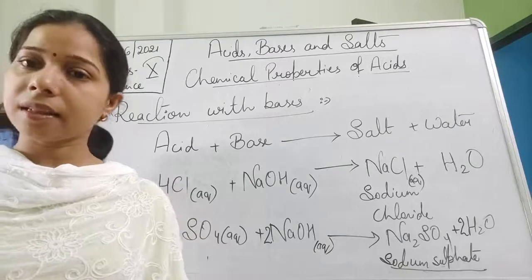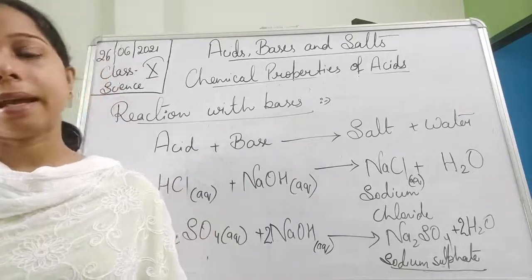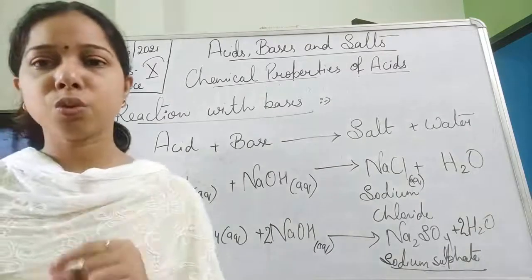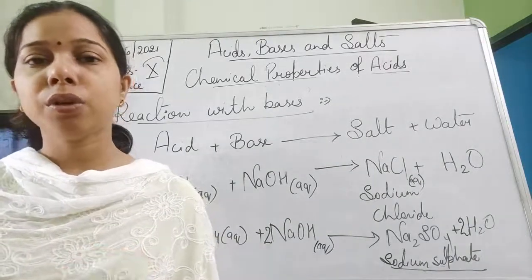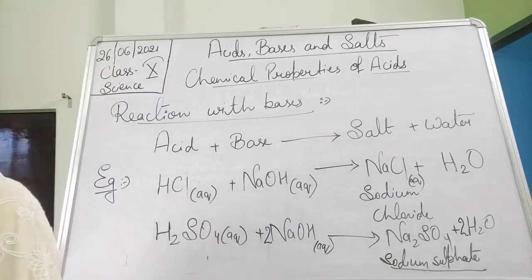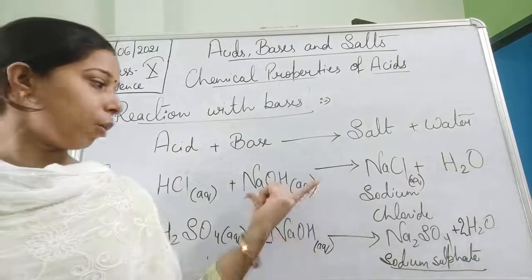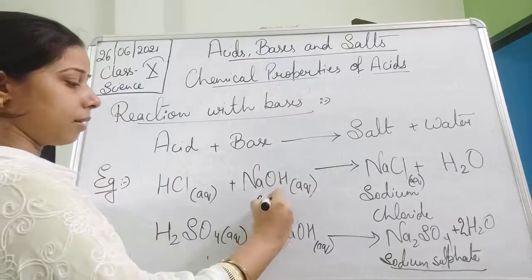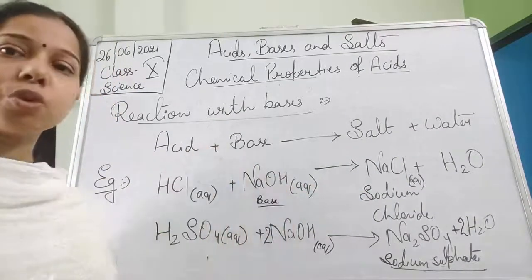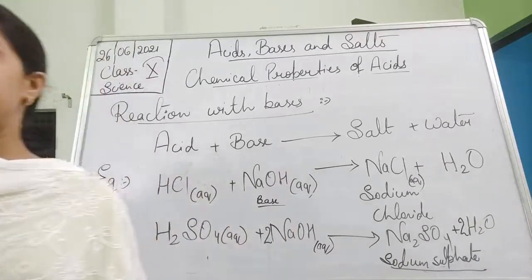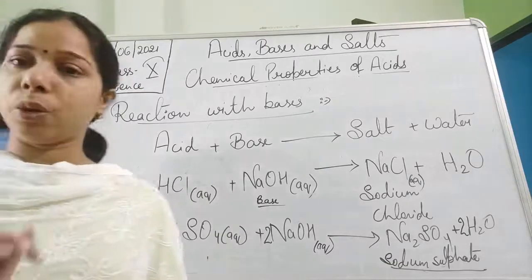We can understand this also with the help of an experiment. Here we will take 2 ml of dilute sodium hydroxide solution, NaOH, the base. This is the acid and this is the base. Add a few drops of phenolphthalein solution to the NaOH solution.